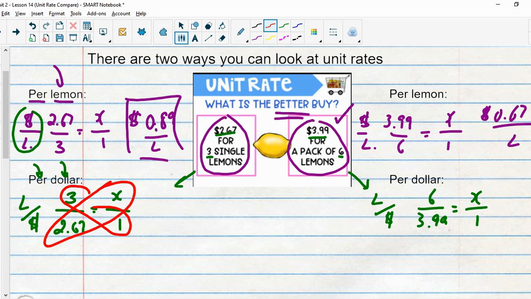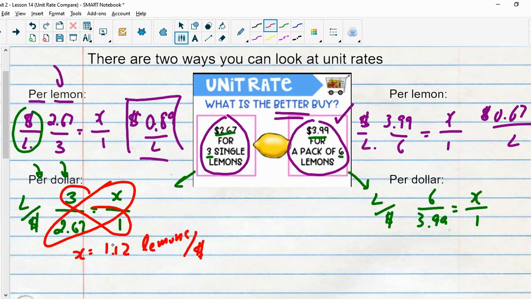So we have 3 divided by 2.67, that is 1.123. So 1.12, I'm just going to round. Now, it's 1.12 what? What am I getting out of this? It's lemons. I'm getting 1.12 lemons for every dollar I spend.